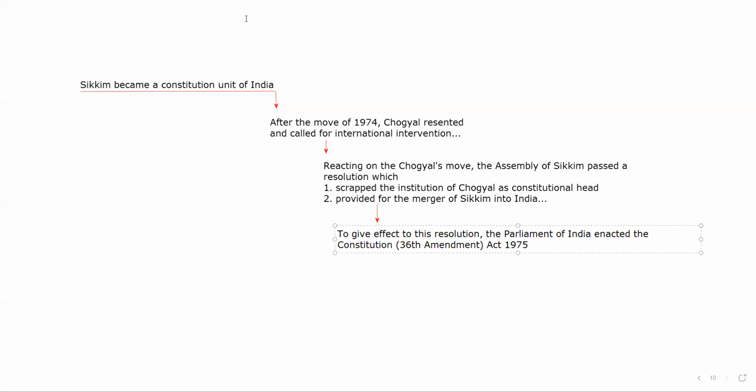Under this act, Sikkim became the 22nd state of the Indian Union. This is a very important point here.